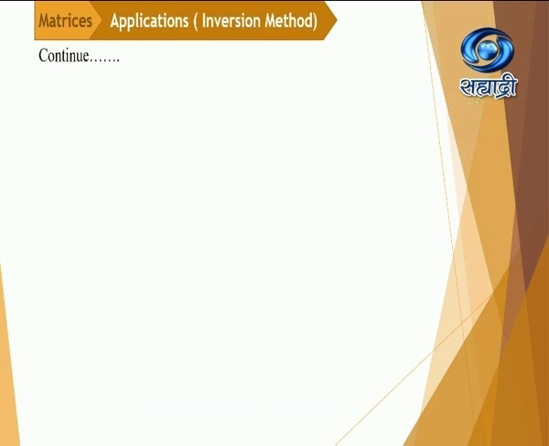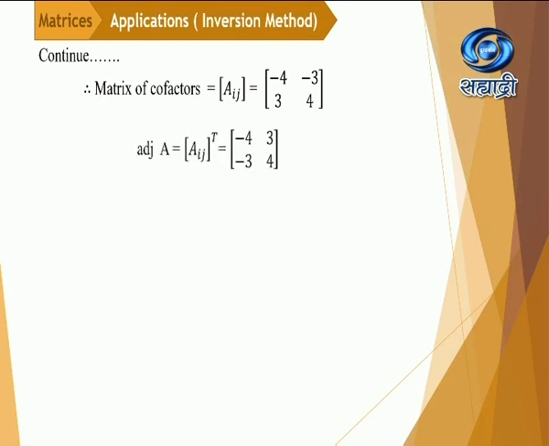After getting cofactors, write down the matrix of cofactors, which is -4, -3, 3, 4. Then adjoint is nothing but the transpose of the matrix of cofactors. So adjoint A is here -4, 3, -3, 4.